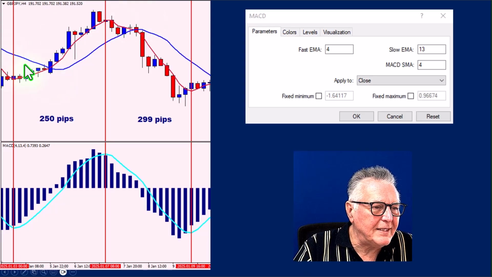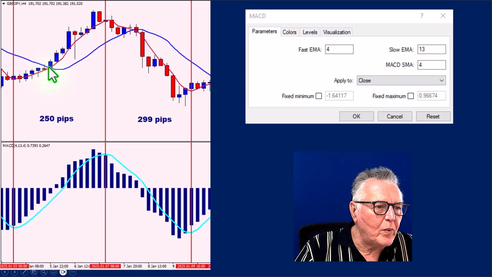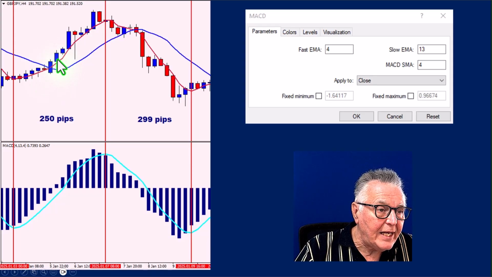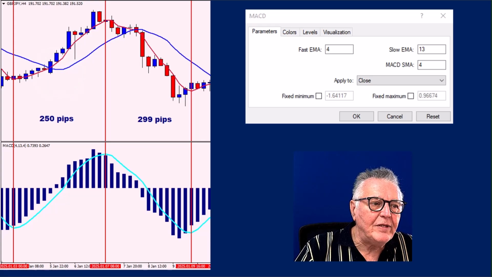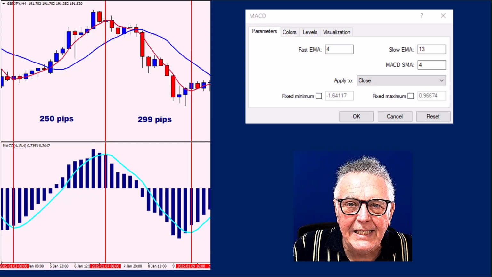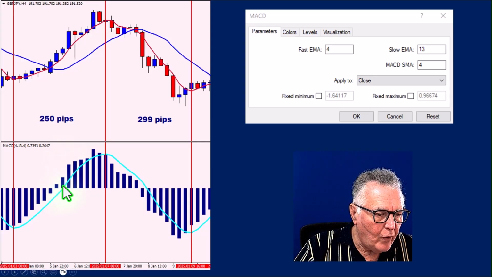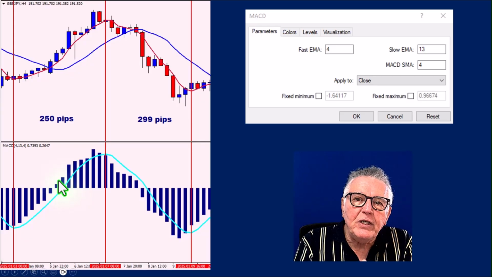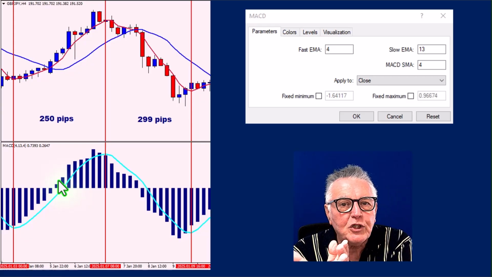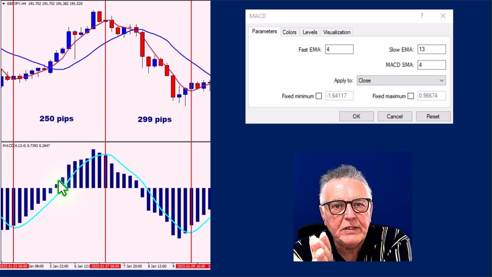So let's take the situation where both of them are at the same place. On the next candle, there's a gap between the fast moving average and the slow moving average, and that is what the MACD measures. So these bars on the MACD measure the distance between the slow moving average and the fast moving average.